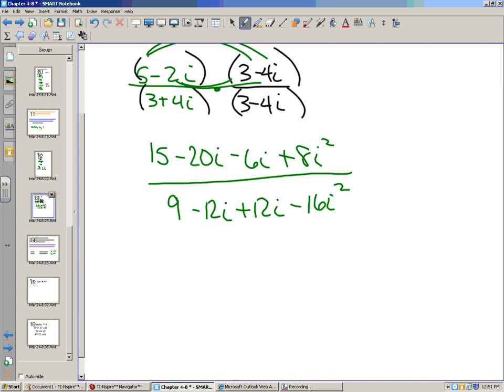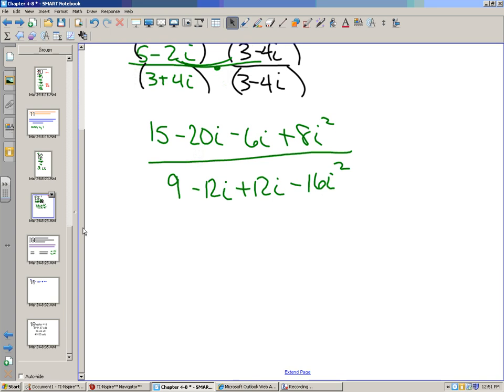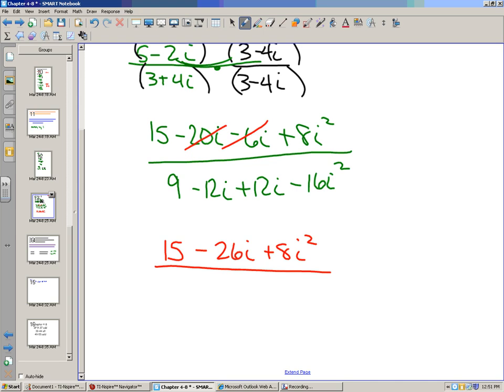Now, simplify the top. So that's going to be 15. What's negative 20i and negative 6i? Negative 26i plus 8i squared over, what happens to the denominator? The inner and outer cancel out, don't they?